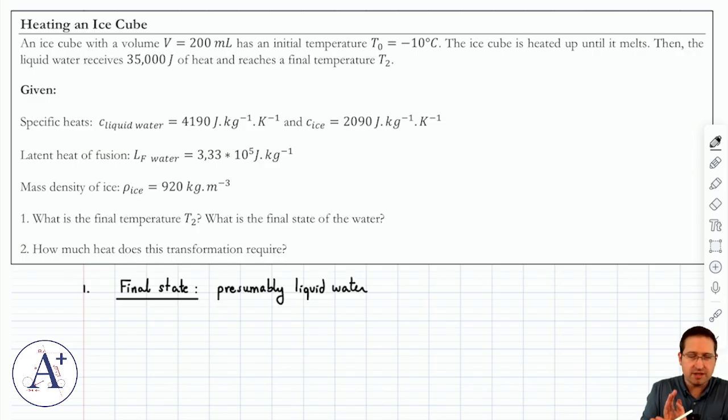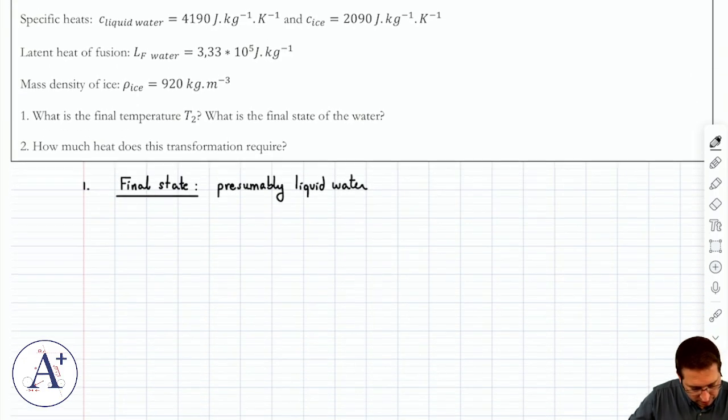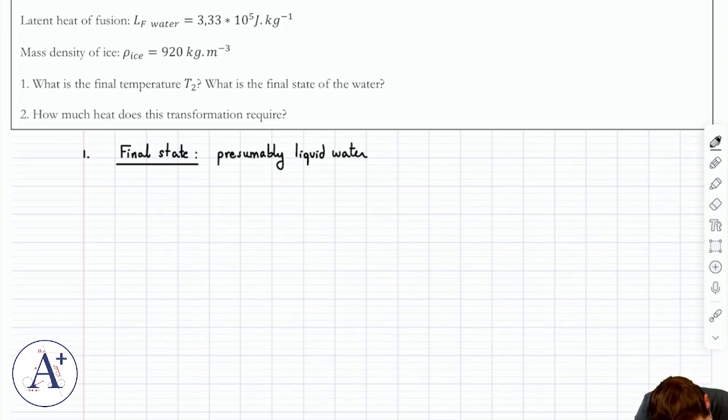That's kind of already a given. I only have to start thinking about the problem from 0 degrees liquid water onward and figure out 35,000 joules, where's that going to take me, right? So that's the final state.